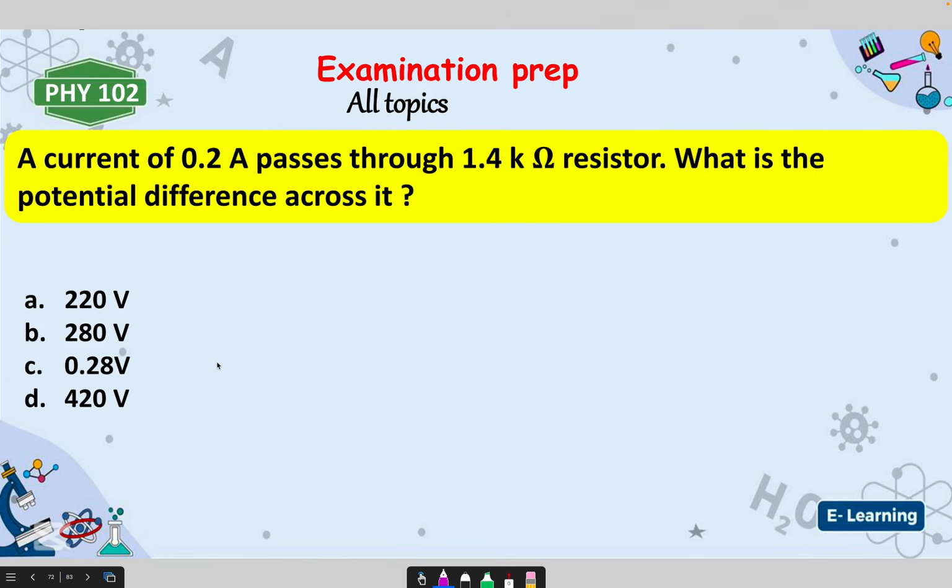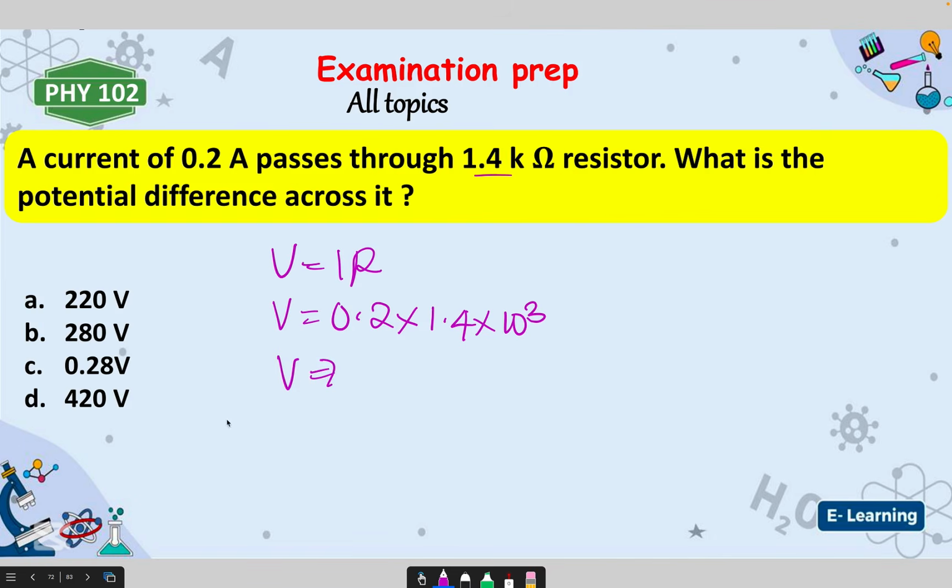All right. Now, a current of 0.2 ampere passes through a 1.4 kilo ohm resistor. What is the potential difference? V equals IR. The current is 0.2 ampere. 1.4 kilo ohm means 1.4 times 10 raised to the power of 3 ohm.